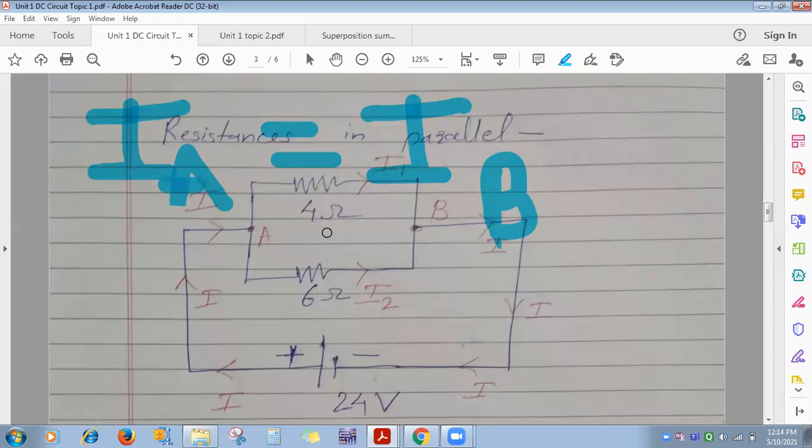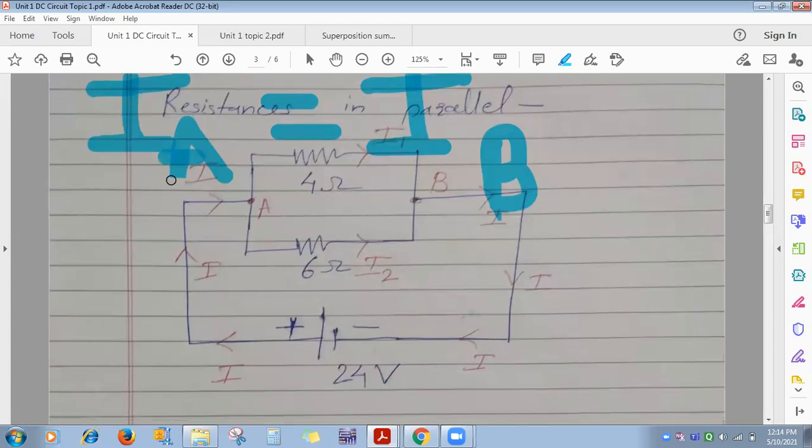Those who want to score, again I am repeating each and every point, you have to listen carefully. You will definitely score in this subject. So IA is equal to IB. This one subject is difficult, numericals, but if you listen to each and everything, you will find it easy. You don't have to spend separate time to understand things from the book, because understanding is done only in the lectures.